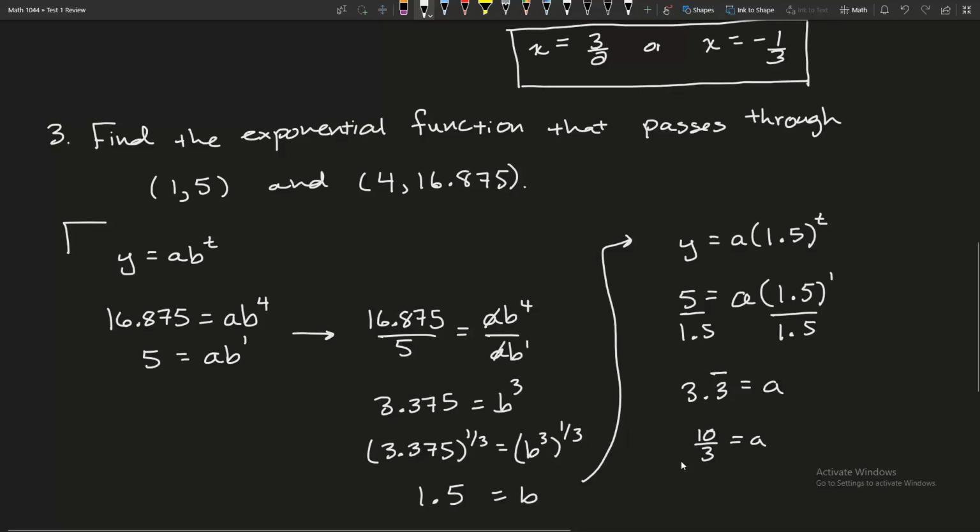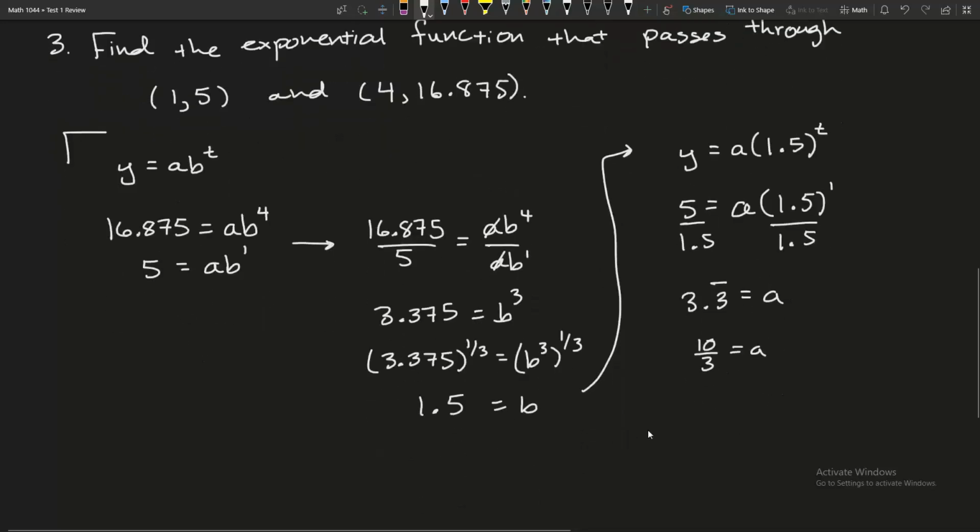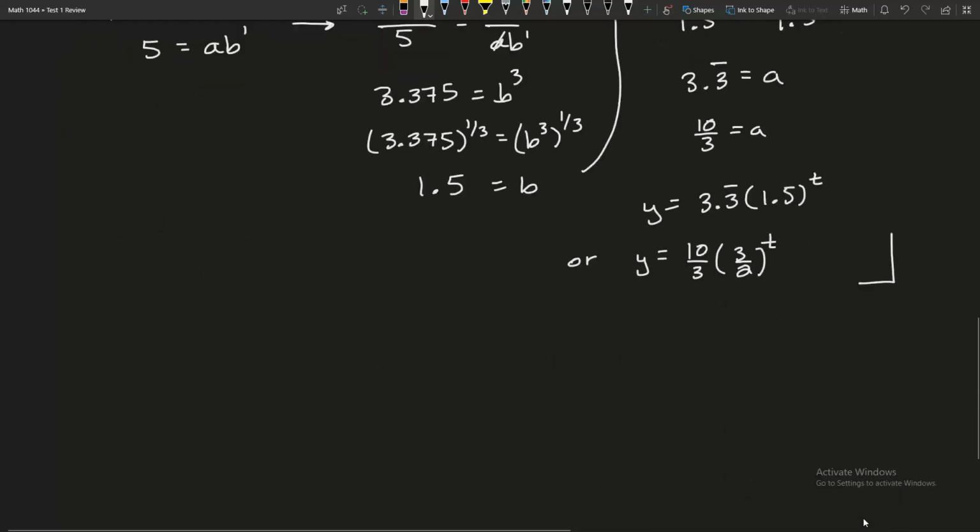So you could write it as y equals 3.3 repeating times 1.5 to the t, or you could do it with fractions: y equals 10/3 times 3/2 to the t. Either way.